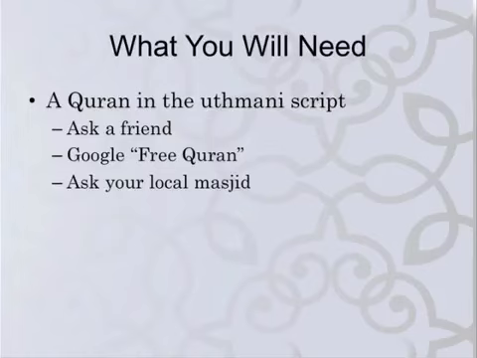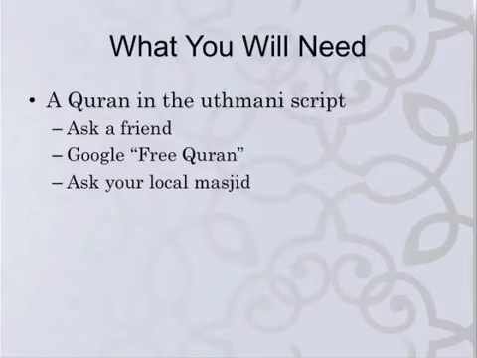But when you fill out that online form, just say, please, I need a Quran in the Uthmani script. You can literally copy and paste Uthmani script, and ask them, I need a Quran in the Uthmani script, because they might send you a Quran in the Indian script, and that might not be as beneficial.